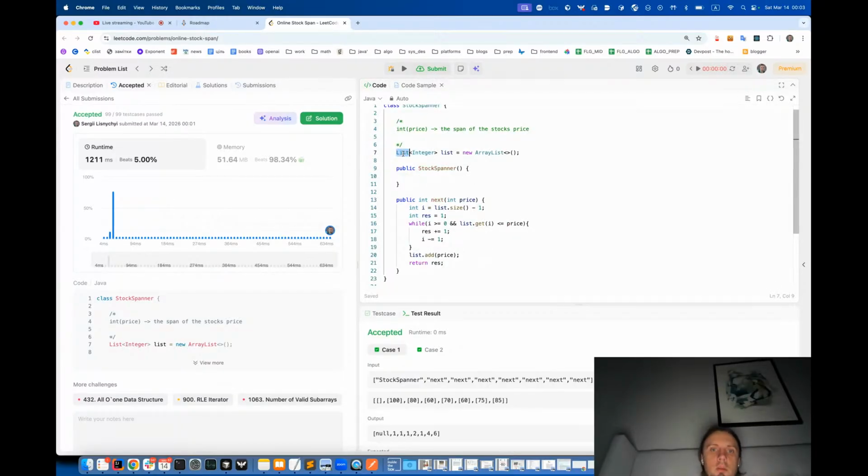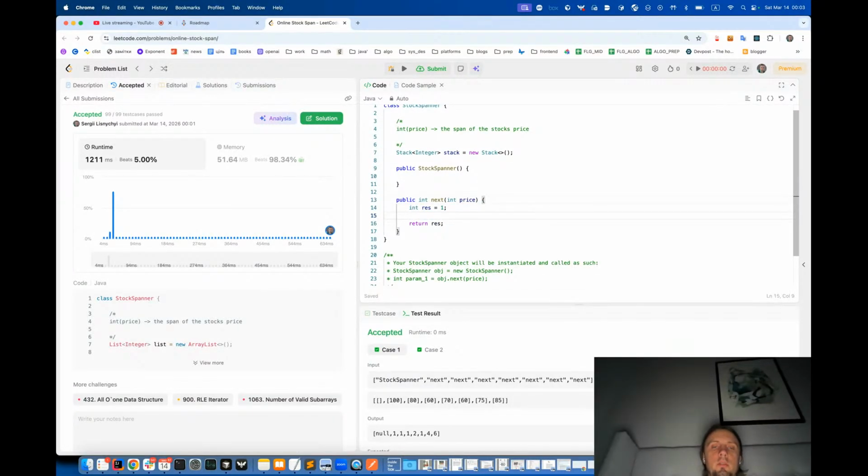So we can just implement this. So it will be a new stack, and we just have a result, and then return this result.